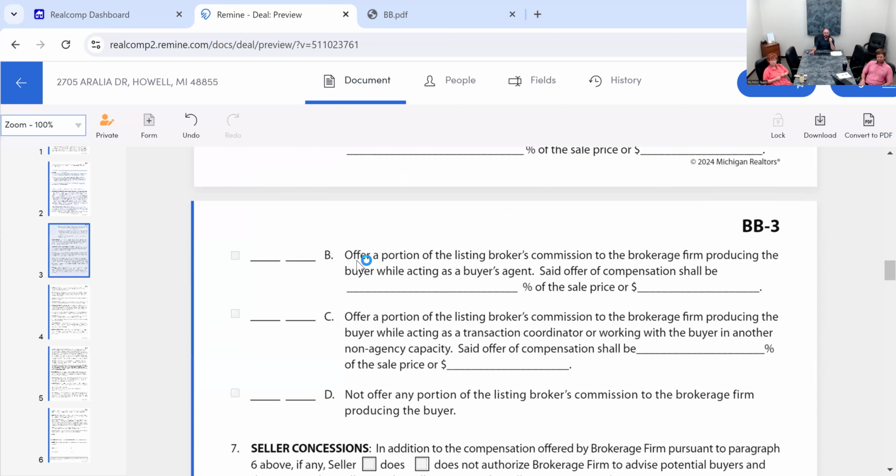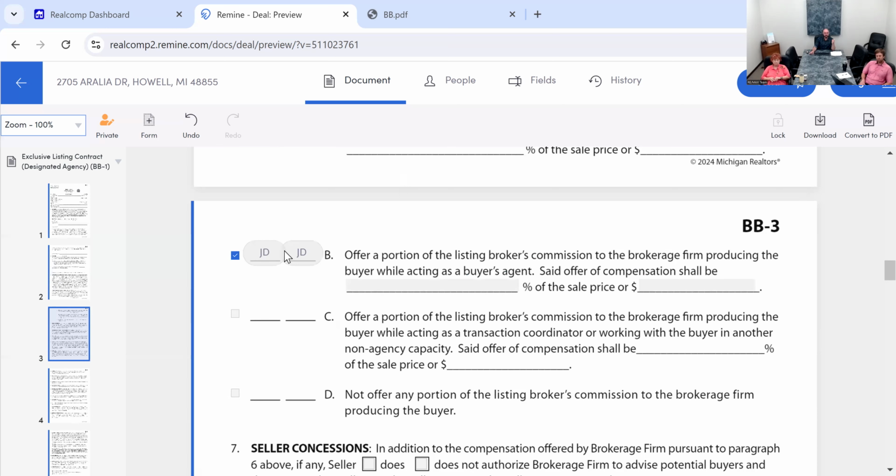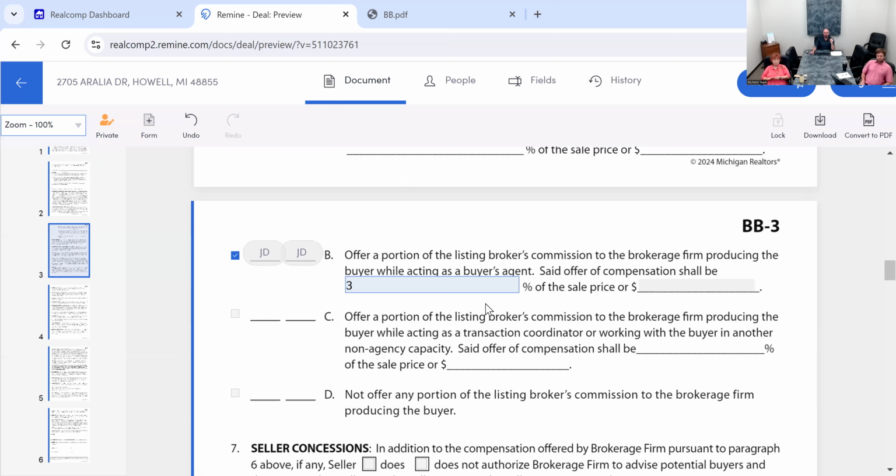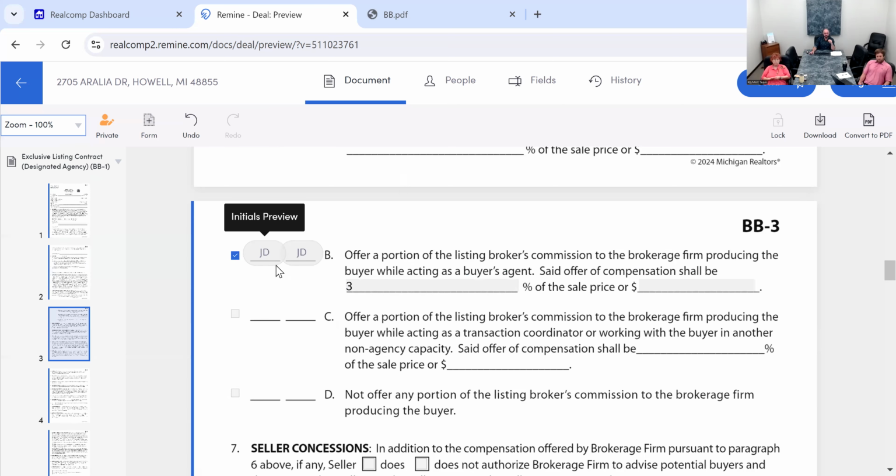If they are willing to offer a portion of the 6% to the broker producing the buyer while acting as a buyer's agent, said offer of compensation shall be 3%. So I have to check the box here. They'll have to initial. I can put in here 3% of the sale price. This would be for transaction coordinator, which again, I don't want to deal with on the other side, so I'm going to leave that blank.